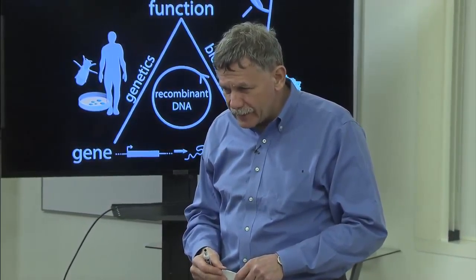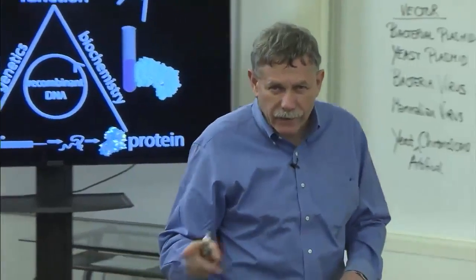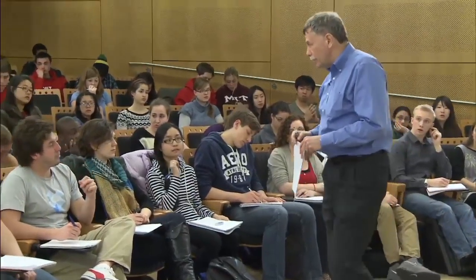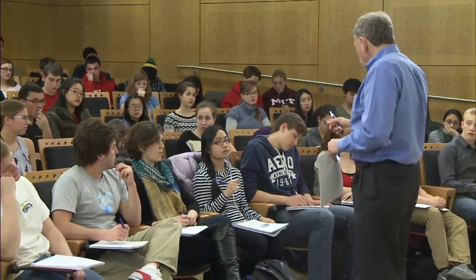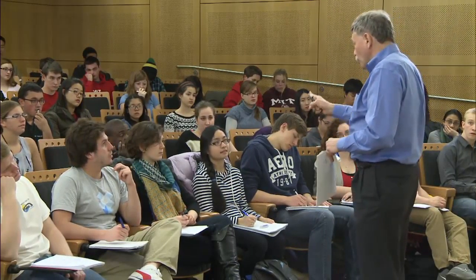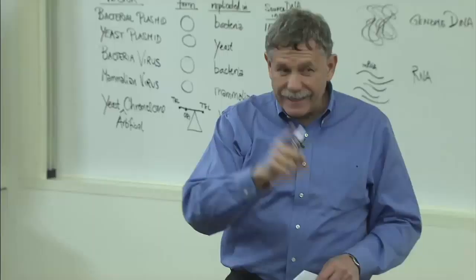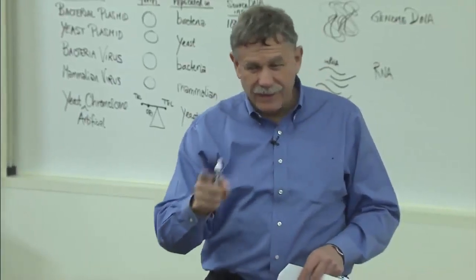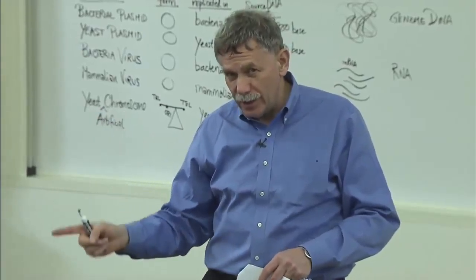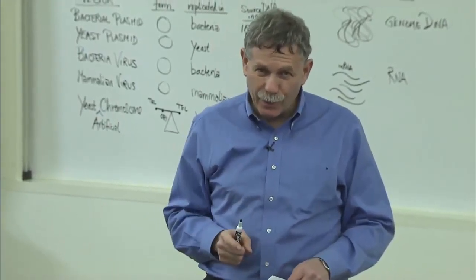What's the HIV life cycle involve? What happens to the RNA of the HIV genome? They use an enzyme called reverse transcriptase, which turns RNA back into DNA, makes double-stranded DNA, which gets inserted into the genome. So suppose we wanted to clone RNA.